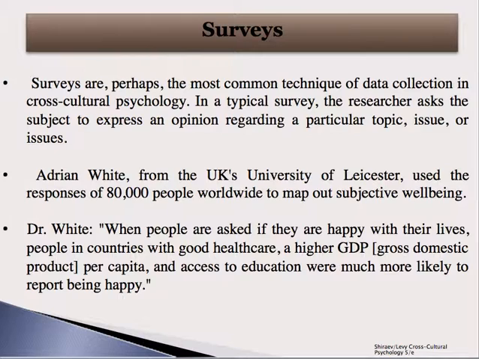Surveys are another method that's oftentimes used. They're perhaps the most common technique of data collection in cross-cultural psychology. And in a typical survey, the researcher is asking the subject to express an opinion about a particular topic, a belief, an issue.